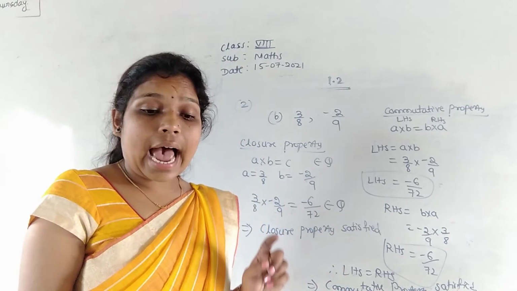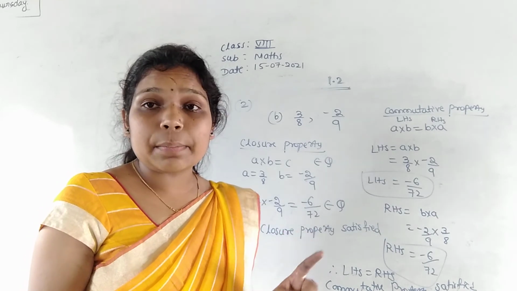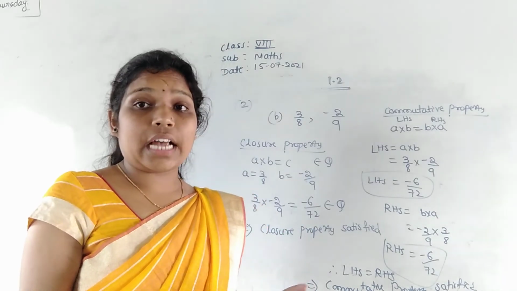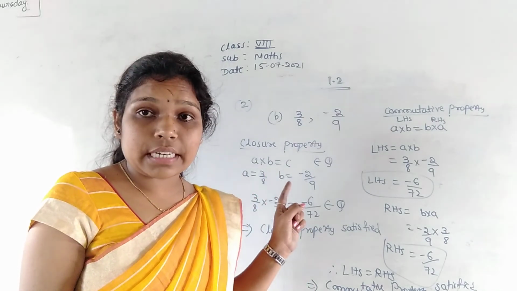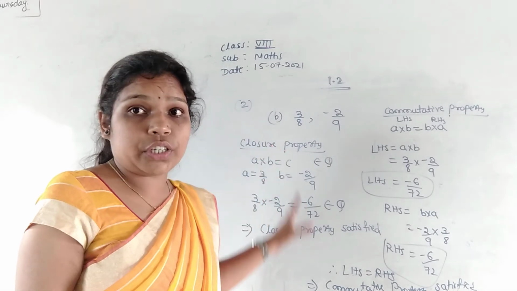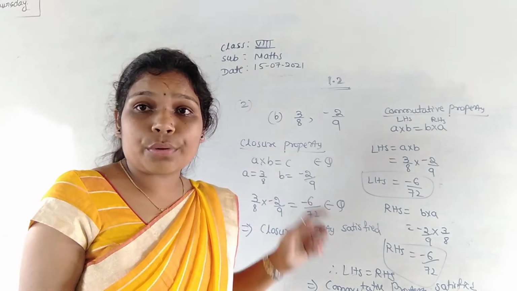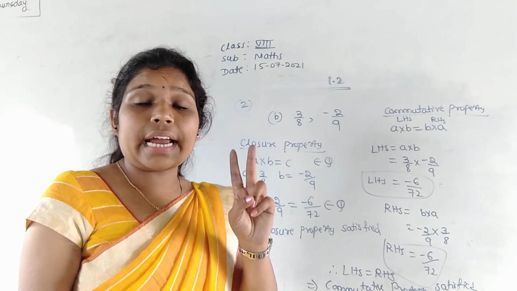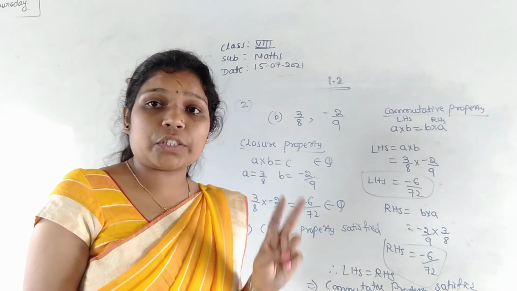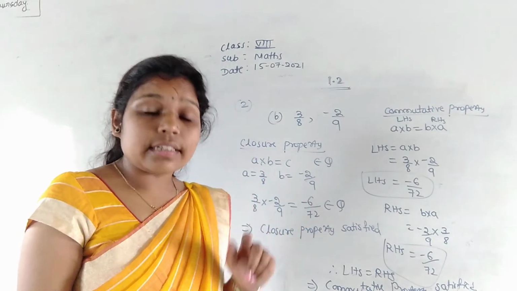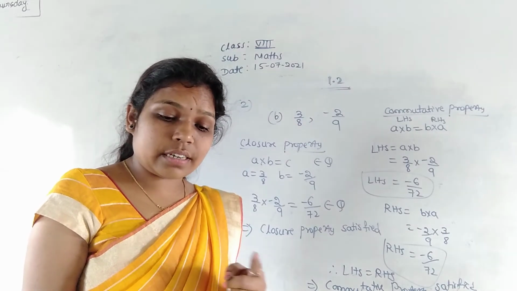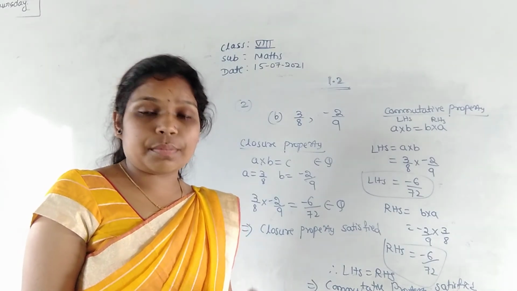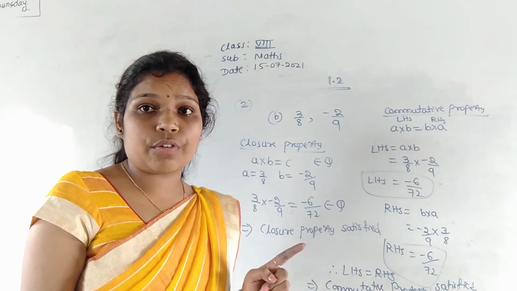As well as, we have to write the multiplication properties of rational numbers. Properties of multiplication I wrote initially, right? So those properties you have to write 2 times. Write the multiplication properties of rational numbers 2 times, and next solve exercise number 1.2 first main as well as the second main. That is the homework for you people.